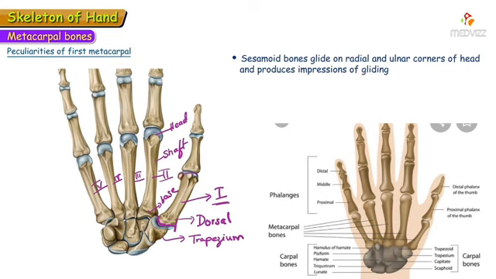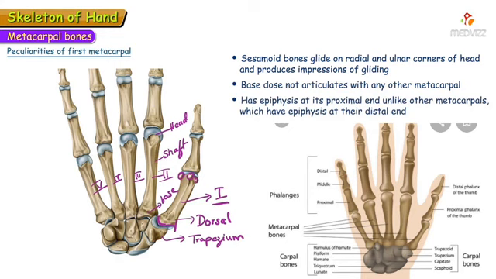So on each side you can see the sesamoid bones which glide on the radial and ulnar corners of the head and produce impressions of gliding, and its base does not articulate with any other metacarpal. It has an epiphysis at its proximal end, unlike other metacarpals which have epiphysis only on the distal end. So these are some of the peculiarities of the first metacarpal bone.